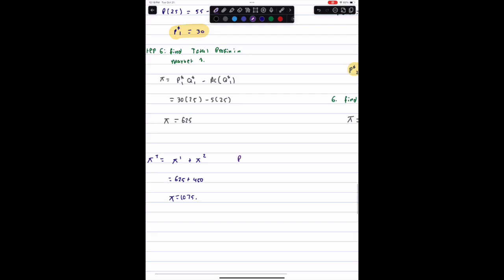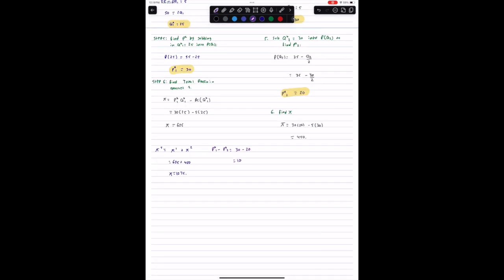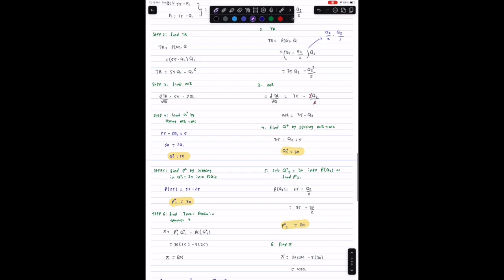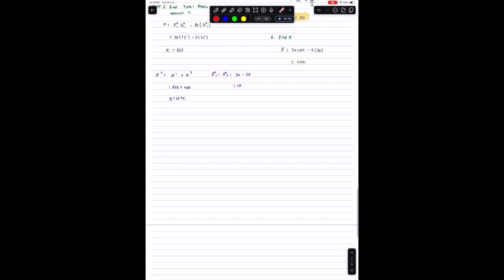Finally, it's not asked in the question, but if you just look at what P star 1 minus P star 2 is equal to, we know it's equal to 30 minus 20, which is equal to 10, right? That's our price discrimination level. It's 10. Question B is going to ask us, what happens if this price discrimination level is constrained and decreases to $5?